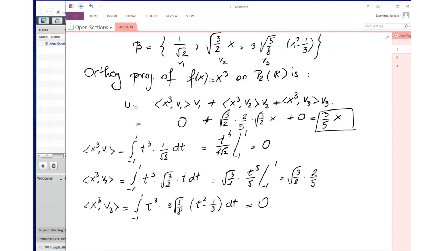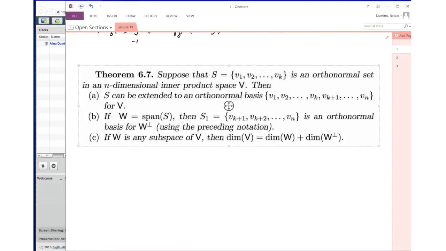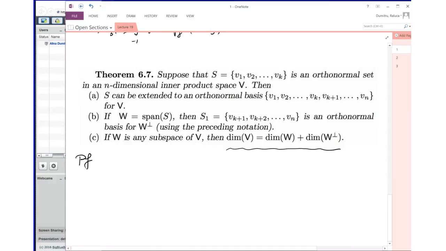So the final idea in this section is relating this idea of orthogonal complement to direct sums, if you want, or to dimensions. So let's look into this.